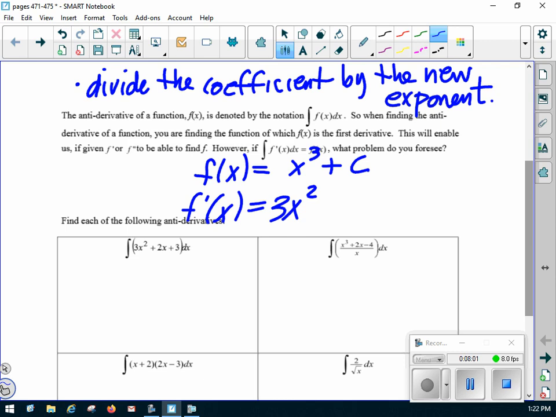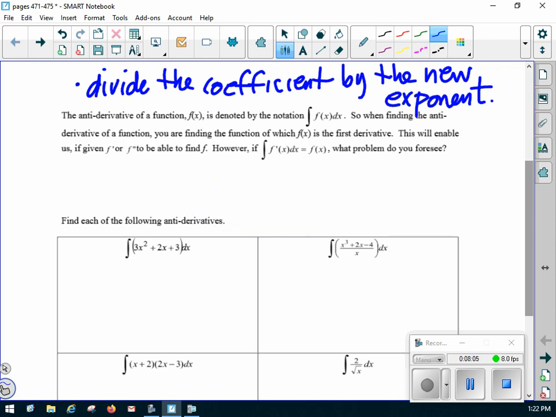Now, so now let's look right here. The antiderivative of a function is denoted by this. If I wrote the integral, don't write anything down yet. Now, don't worry about this dx right now. All that means is I'm doing this with respect to x.